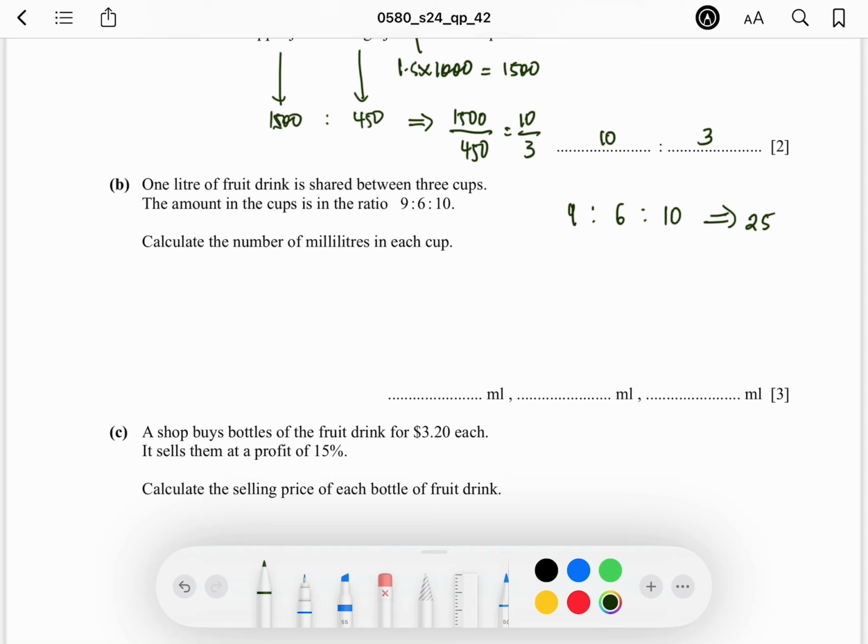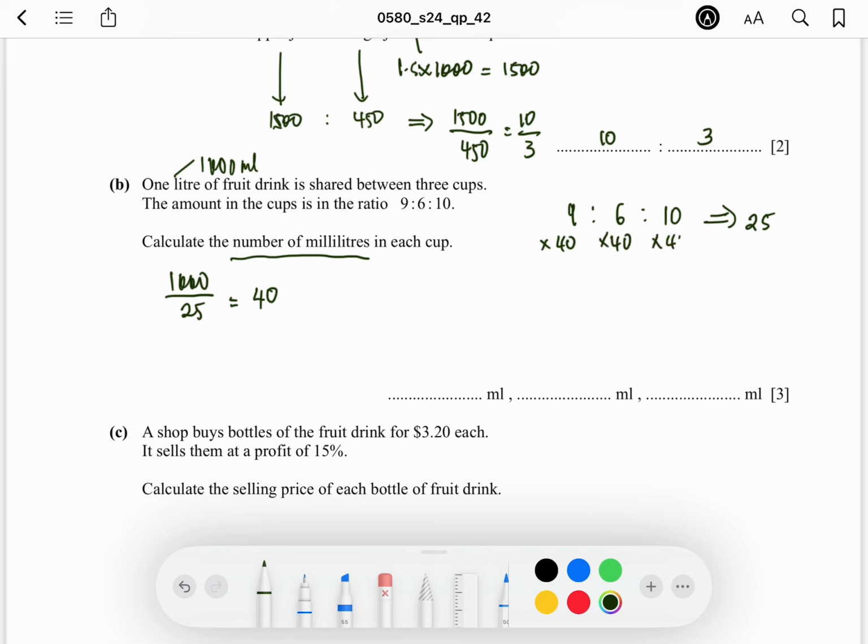However, because the question says the number of milliliters, first before you divide, you change the 1 liter into 1000 milliliter. So that means the 1000 milliliter, you divide it with 25, which gives you, your calculator gives you 40.